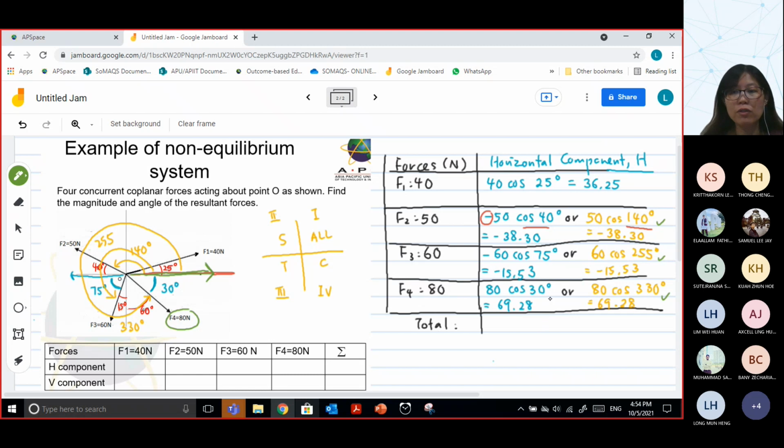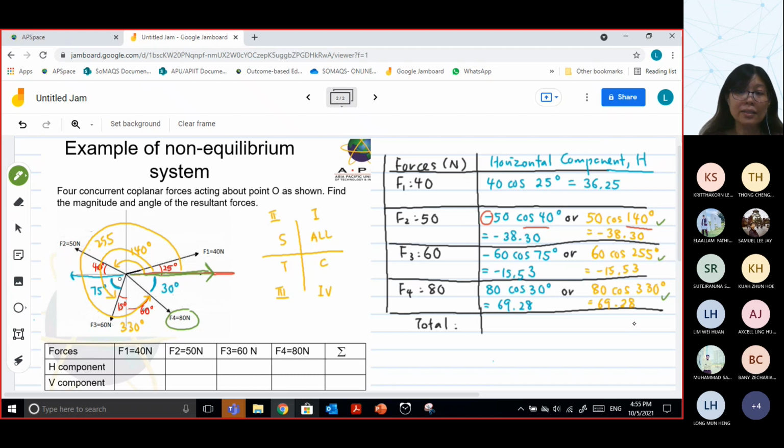If you don't want to get a headache finding which one is positive or negative, then you don't use the basic angle, because sometimes we also need to recalculate the basic angle. Otherwise you can just use the second method. In the second method, we don't put the sign, we just use the angle measured from the positive x-axis. To me, I suggest using the second one, the one I'm showing in yellow color.